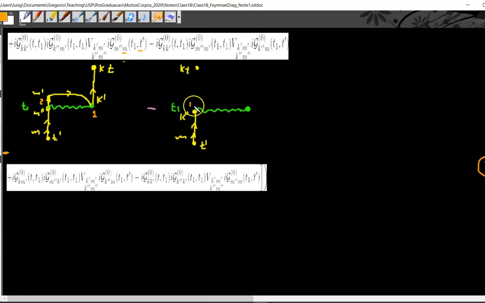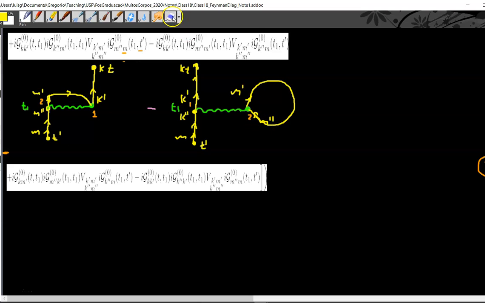So this is vertex 1, and here things are more clear: k double prime entering, k prime leaving, and then I'm arriving at k prime. What happens at vertex 2? There I should have an m double prime entering and an m prime leaving. Now there's this propagator going from m double prime at time t1 to m double prime at time t1 as well, so this gives me a loop.